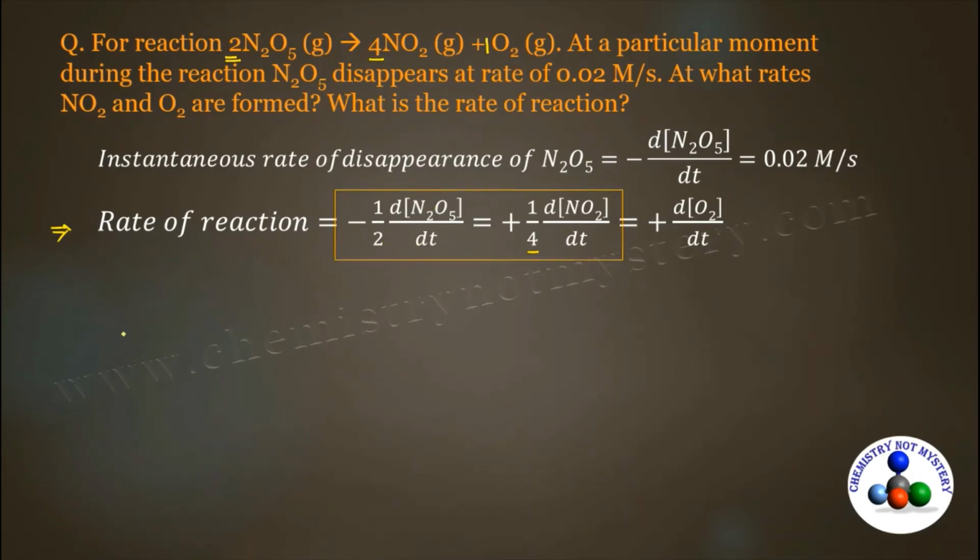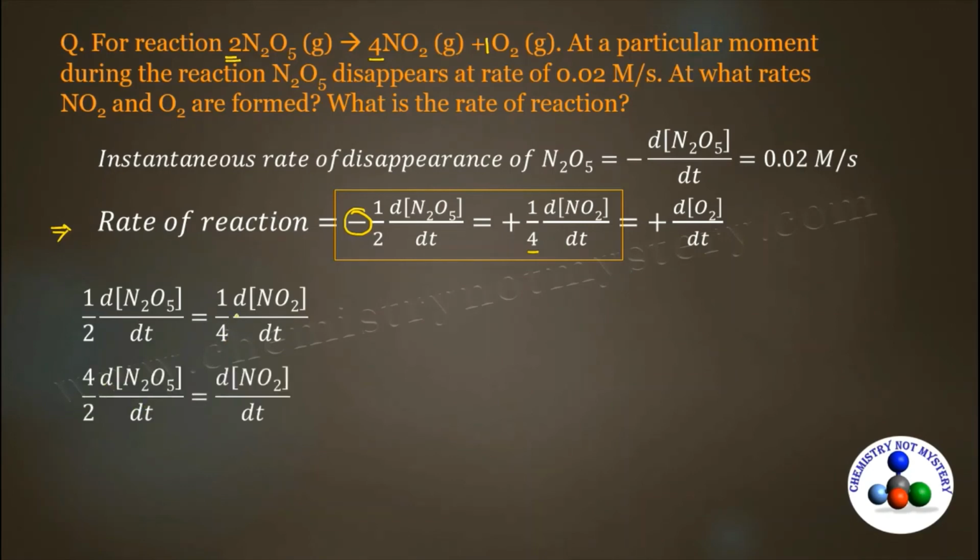So write down the relation. 1 by 2 d N2O5 over dt is equal to 1 by 4 d NO2 upon dt. You don't have to write the negative sign here because it only expresses the decrease in concentration. Now transfer 1 by 4 to the left side of the equation. So you will get 4 by 2 dN2O5 over dt is equal to dNO2 over dt.